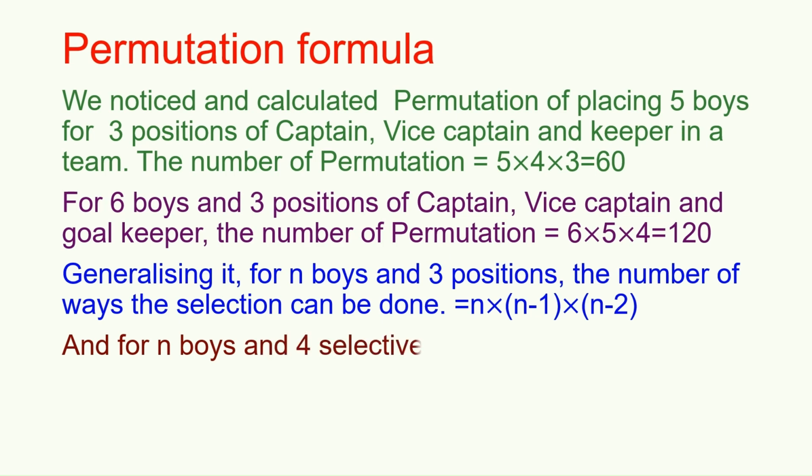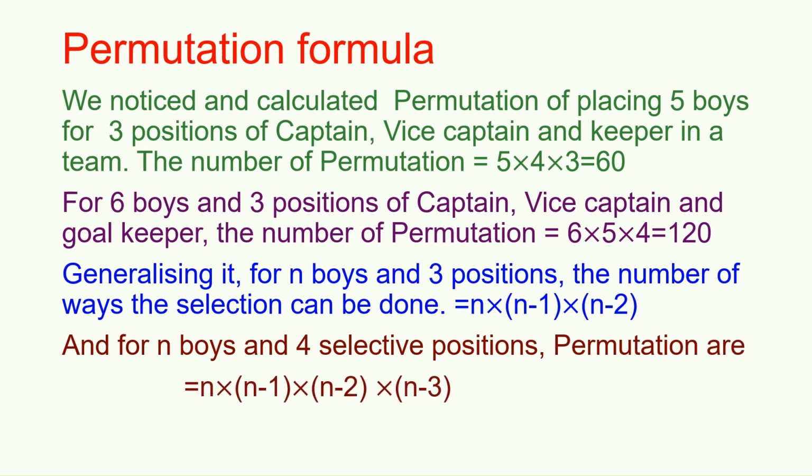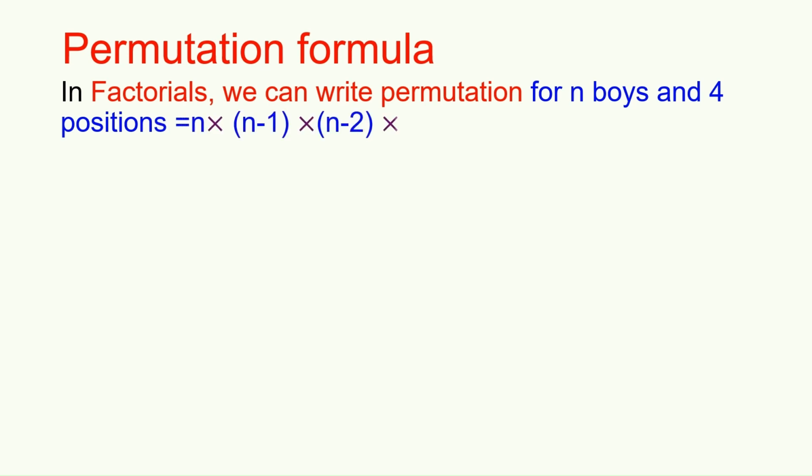And for n boys and 4 selected positions, the permutation equals n times n minus 1 times n minus 2 times n minus 3. In factorials, we can write the permutation for n boys and 4 positions as n times n minus 1 times n minus 2 times n minus 3.